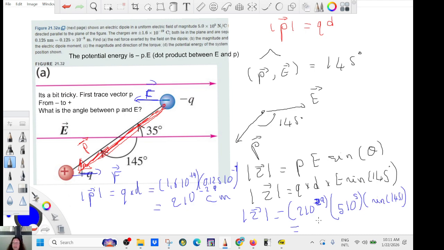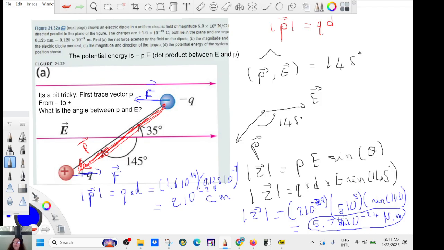Right? Did you get 5.74 times 10 to the negative 24 Newton meters? It's a 4. Did you get that with the TI? 2e minus 29. That's a minus 29.